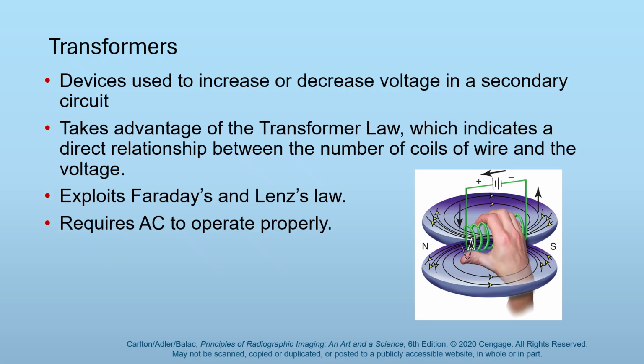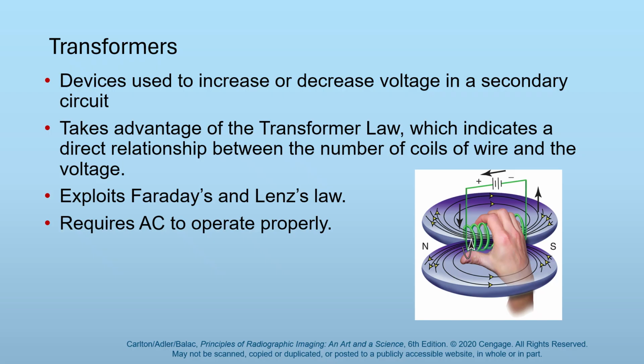The transformer law will tell you how the voltage, or the alternate version of the transformer law, how the current is changing compared to the coils that you're using in your transformer. Okay, and so there's a mathematical relationship between the change in voltage and the change in the number of coils from primary to secondary side.